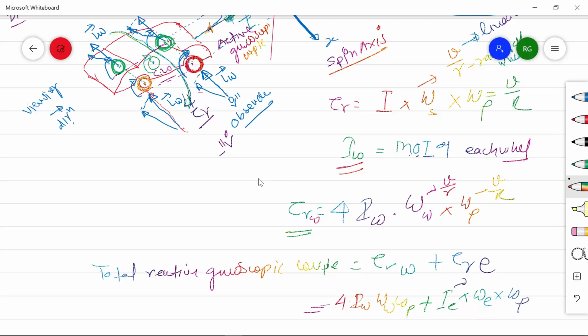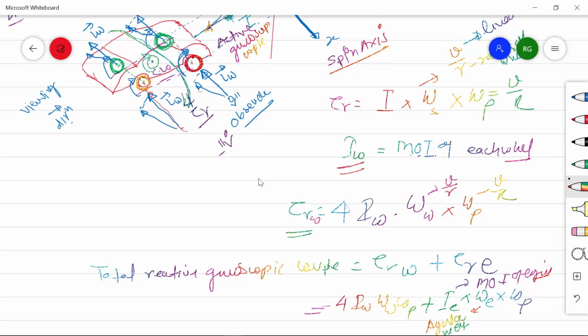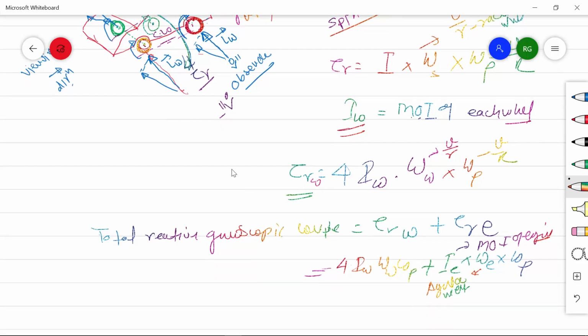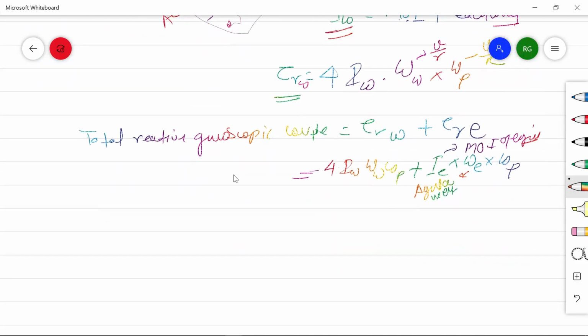So this is the mass moment of inertia of engine and this is the angular velocity of engine, and omega p is the precession velocity. If this engine is rotating in the anti-clockwise direction, if this is the observer and the engine is rotating in this direction, then this would be negative, because the effect would be just reverse.